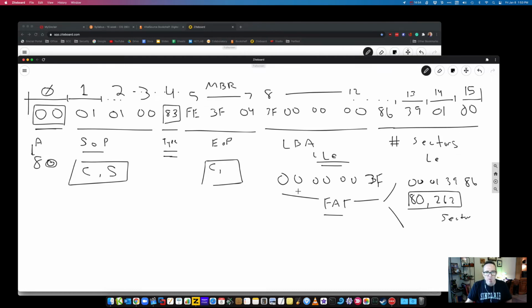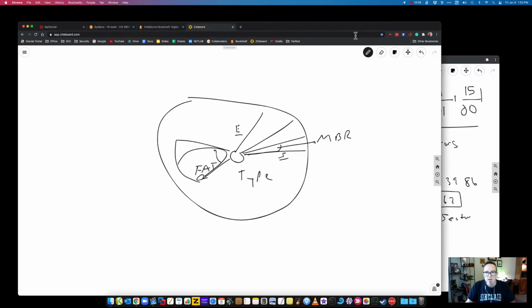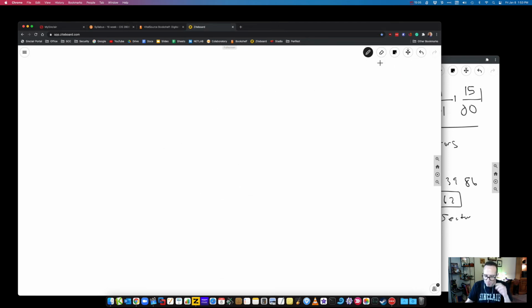Now a couple of things to note here with bootloaders in our boot sectors. The important thing is that we have really two types of bootloaders here. We have our master boot record, which is really for our older ones, and then we have our GUID, which really is for newer operating systems.